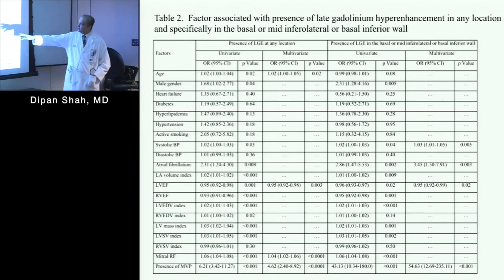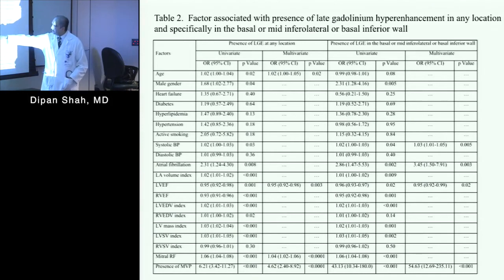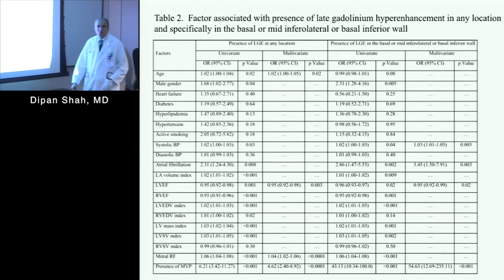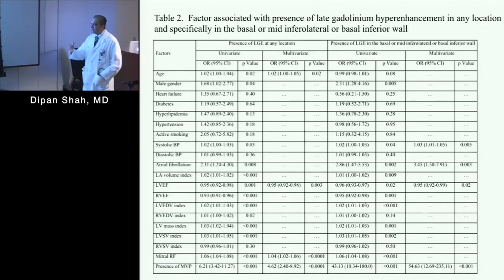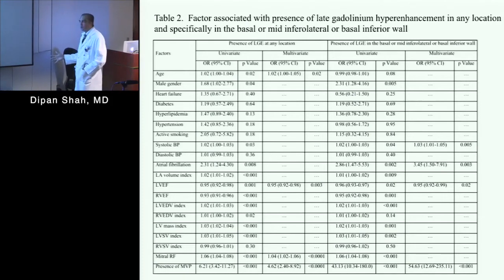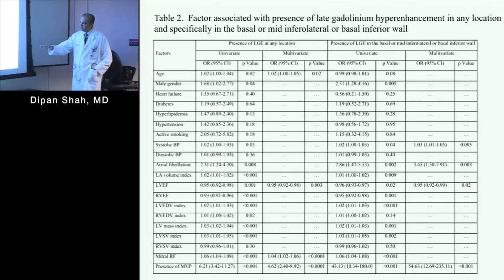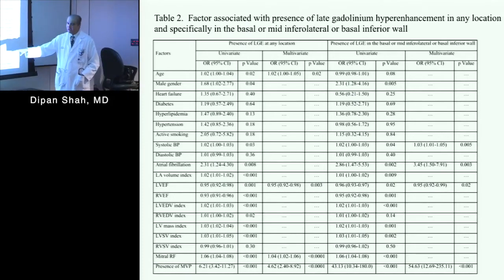What you find is, looking at any fibrosis anywhere within the left ventricle, the factors that predicted that on multivariable analysis were LVEF and mitral regurgitant fraction, but the most significant, with an odds ratio of more than 4, was simply having mitral valve prolapse. So that seemed to be the factor most strongly associated with having fibrosis within the myocardium.